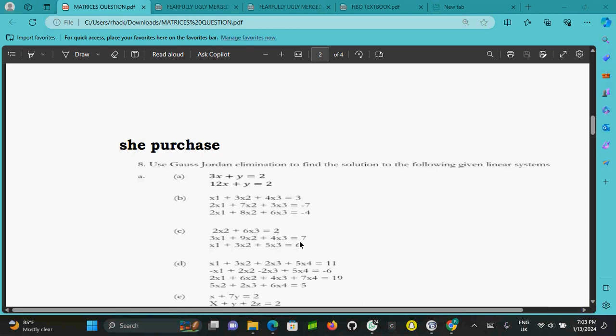For example, this is not part of our syllabus. This will be a 4x4 matrix, and at our level, they said it ends at 3x3. So this is 4x4. It's not part of our syllabus, so don't try that one.